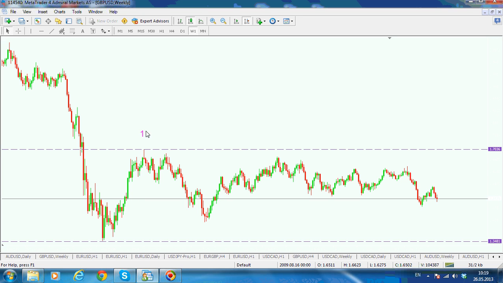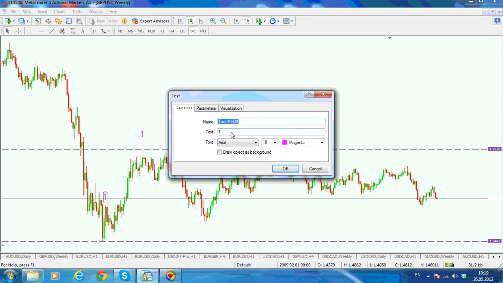If this is a 1, then normally it should be formed out of 5 smaller waves, and this is the only place for a 1 of a lower degree, 16. Let's make it green.